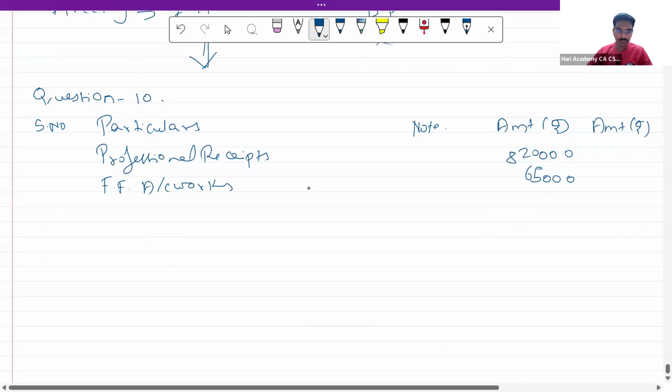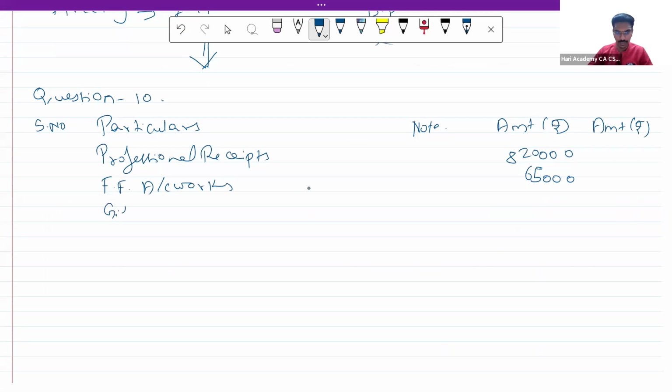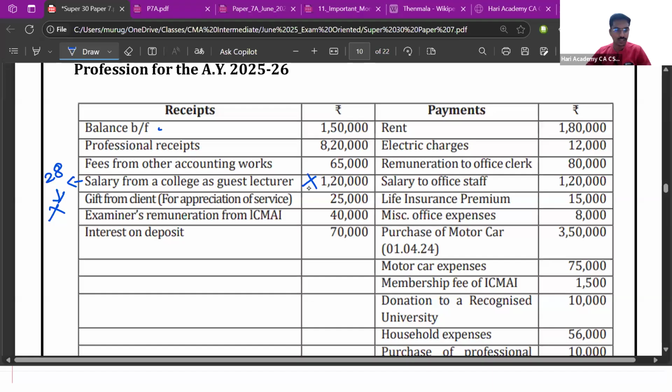Next, gift from client for appreciation of service. This is 25,000, and this is taxable. Next, interest on deposit and examiner's remuneration from ICMAI. Again, this is not from his business, hence not taxable under PGBP.